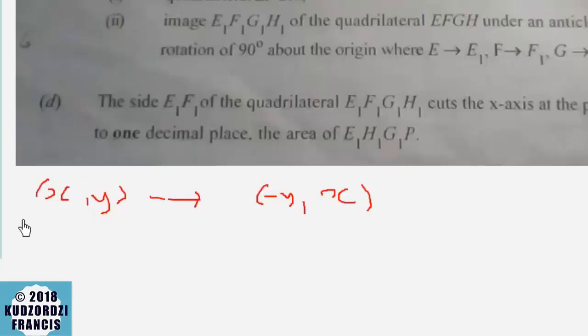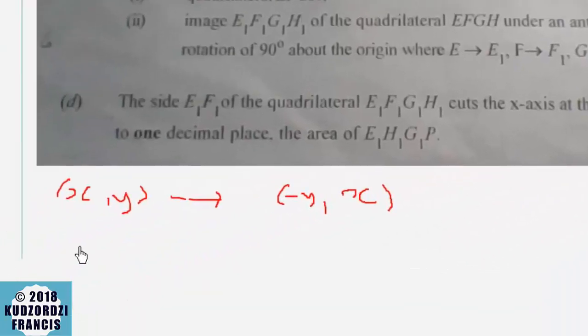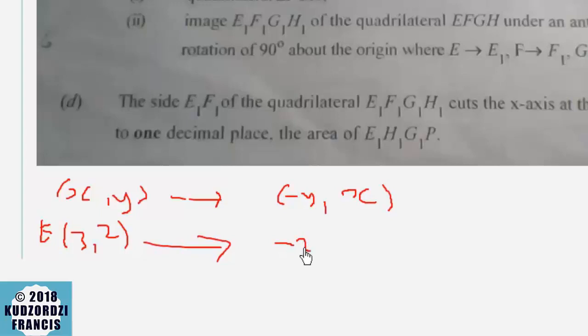So if you have the point E with coordinate (3, 2), it will map onto (-2, 3).